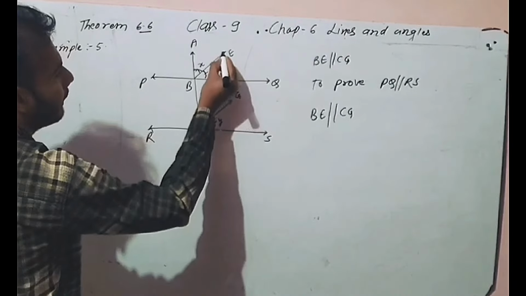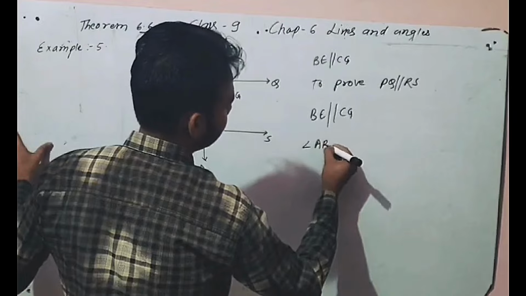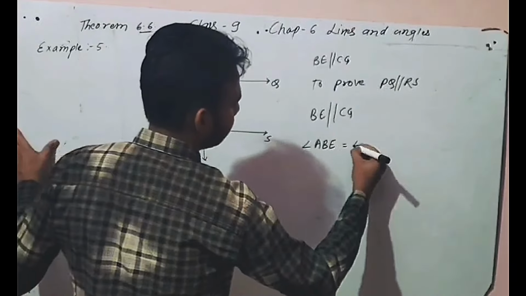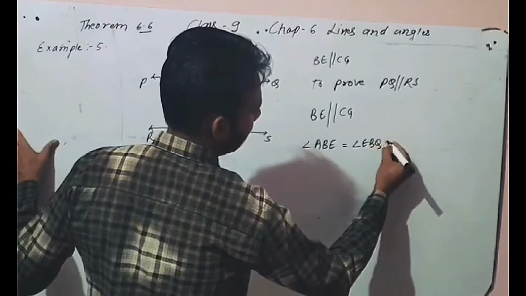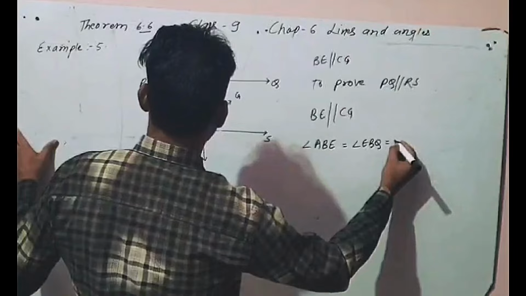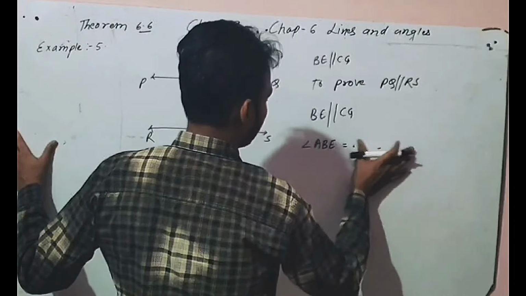So angle ABE equals angle EBQ, which is given to us. Oh no, sorry, I can write it differently.